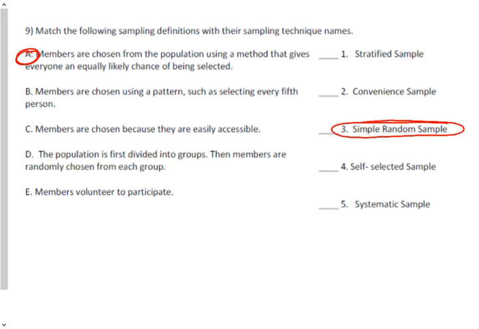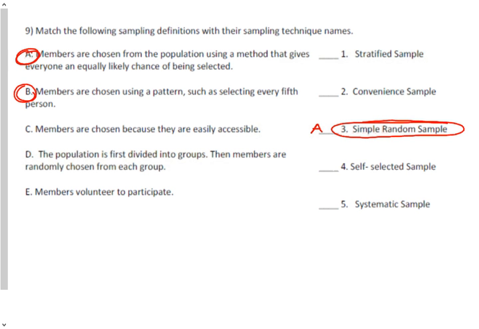Now, when we look at the other 4 here, let's just go through the pattern. Most of these we'll be able to figure out. Well, let's label A first. There we go. Now B. Members are chosen using some sort of pattern, so every 5th person you see or something like that.